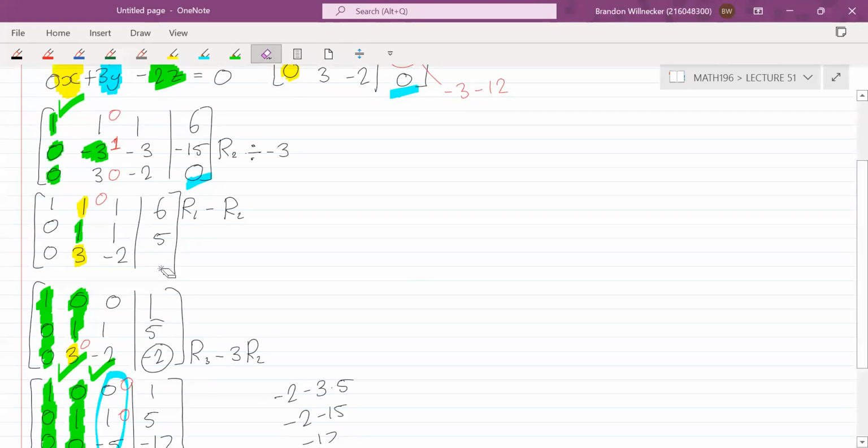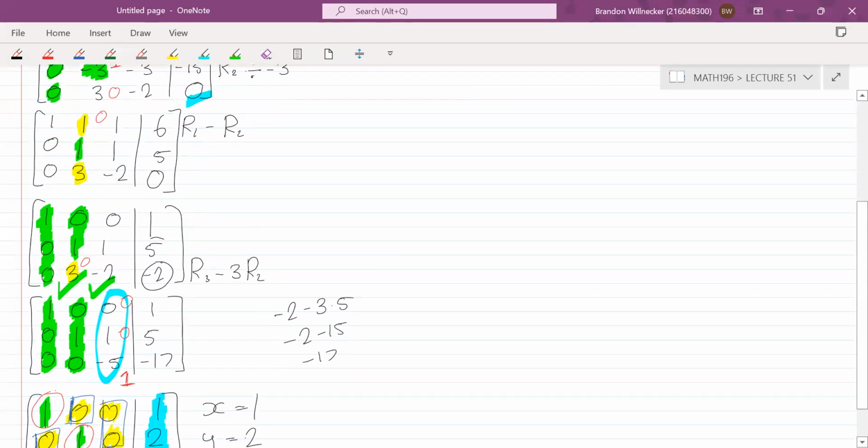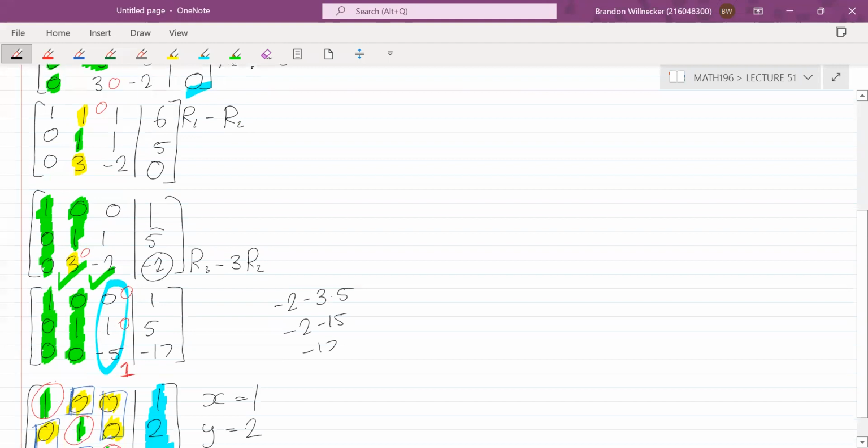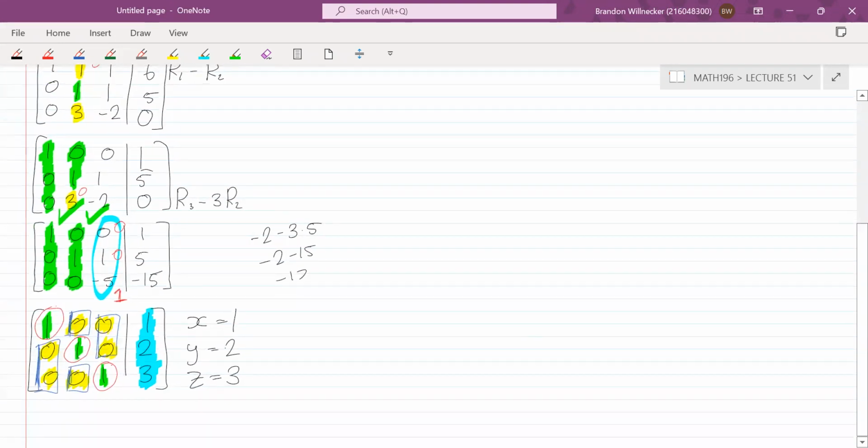Then this is a 0 here. Okay, then that's a 0 there. Okay, and then when we minus the 15, that becomes a minus 15, not a minus 17. Okay, and then the minus 15, that becomes the minus 3 when we divide by minus 5.